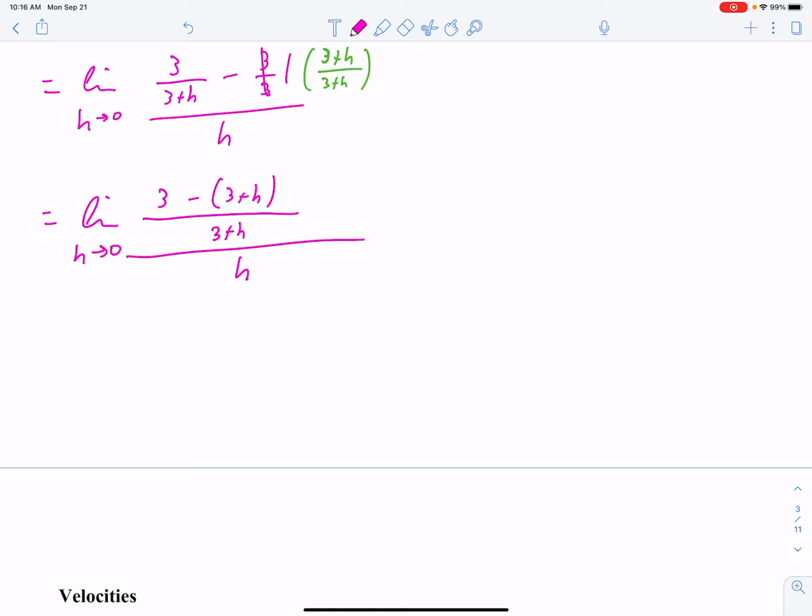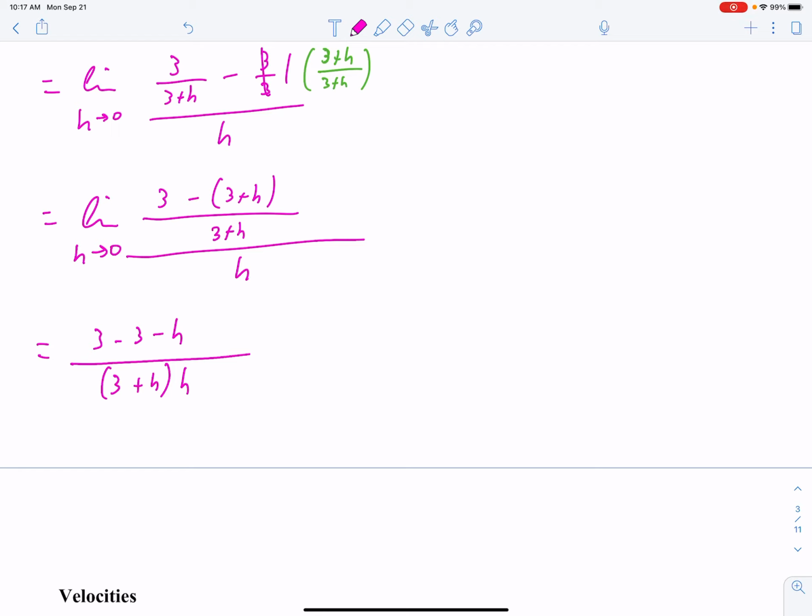All right, since this 3 plus h is in the denominator of the numerator, it can actually go down to the denominator of the whole thing, right? So we'll get 3 minus 3. I'm distributing that negative sign, right? Right here. So 3 minus 3 minus h over 3 plus h times h.